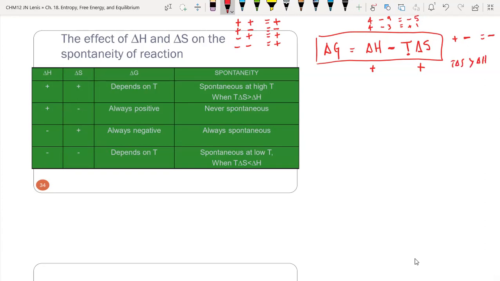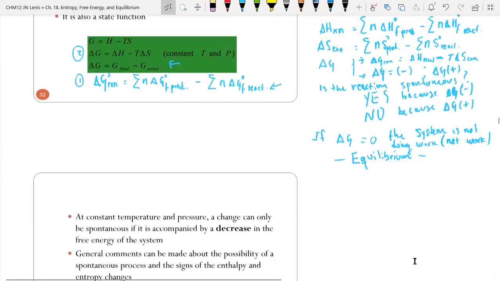So plus and plus depends on temperature, at high temperatures. You need to find a way to remember that. When you see plus and plus for the delta, you measure the delta H of the reaction. How? I showed you before.